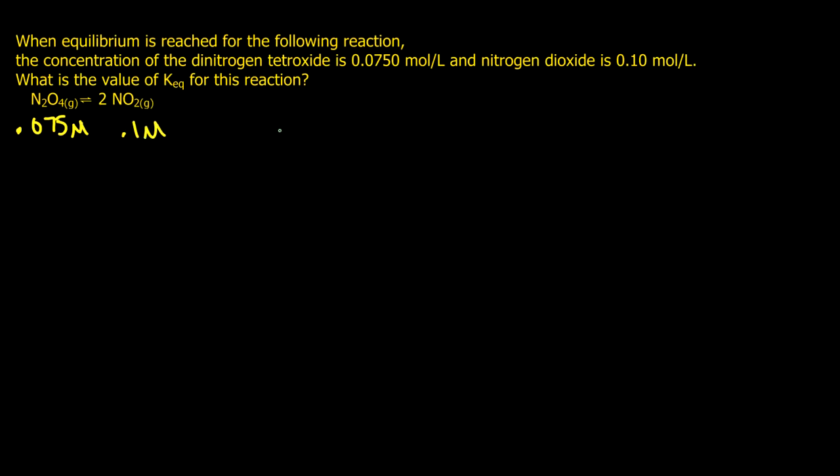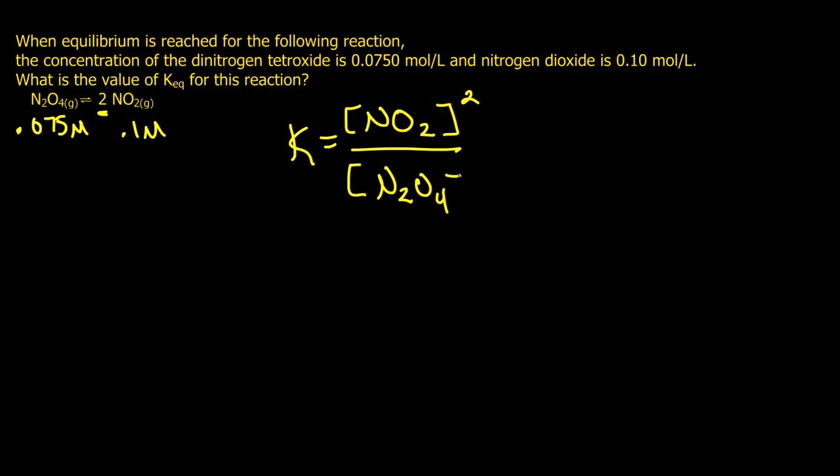All right, let's write our formula. K equals products over reactants. My product is NO2. It's molarity, so I'm going to put brackets. It has a coefficient of 2, so it's raised to the second. My reactant is N2O4, and it does not have a coefficient, so it's just understood to be 1.